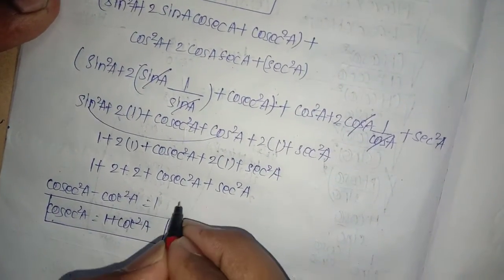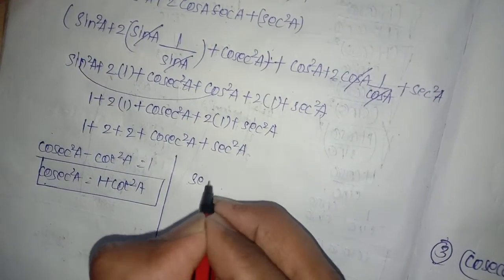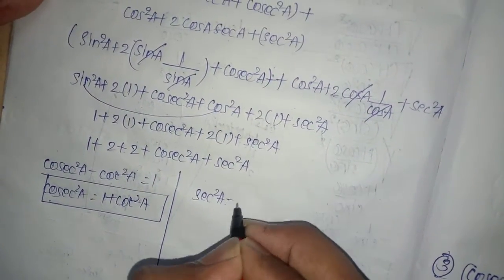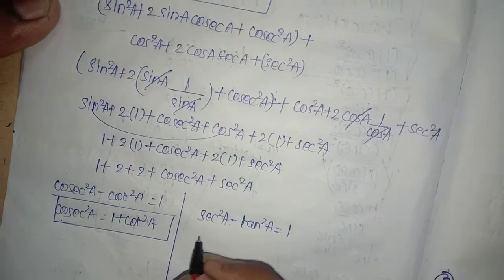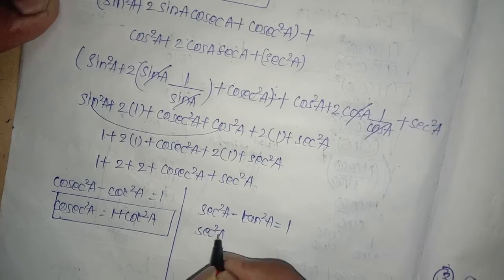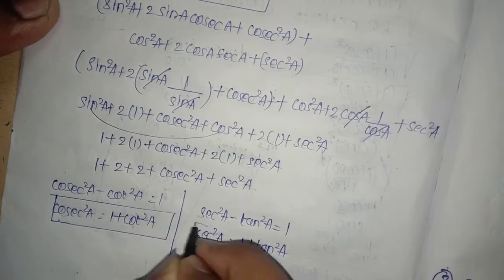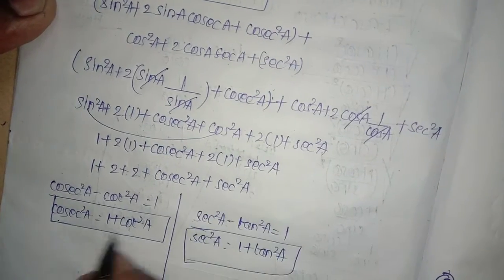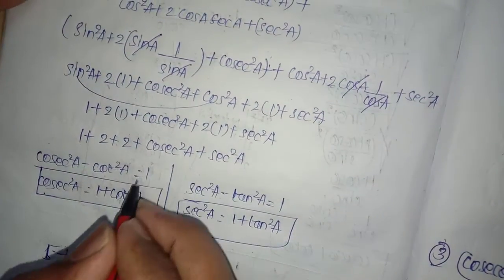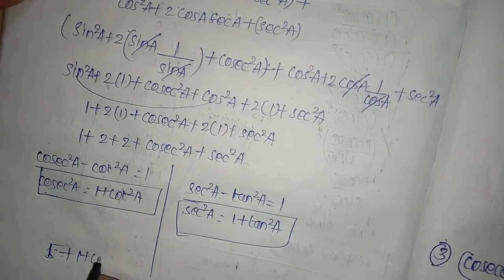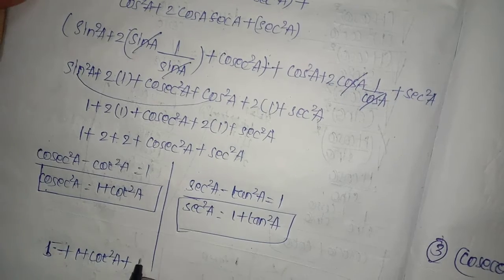Next, secant square a. There is the identity secant square a minus tan square a equal to 1. We have to get secant square a: secant square a equal to 1 plus tan square a. We have to substitute these values. So totally 5 plus cosecant square a equal to 1 plus cot square a, plus secant square a equal to 1 plus tan square a.